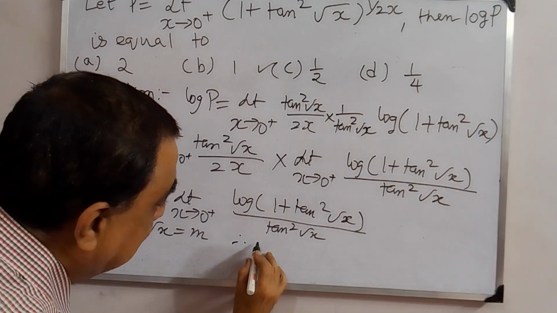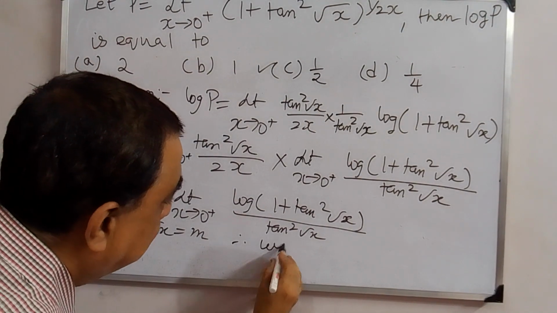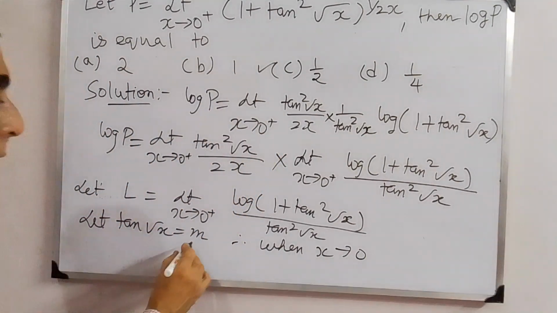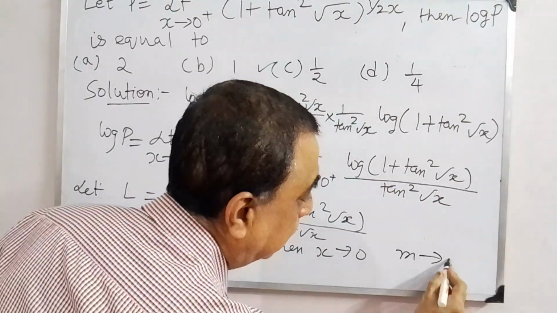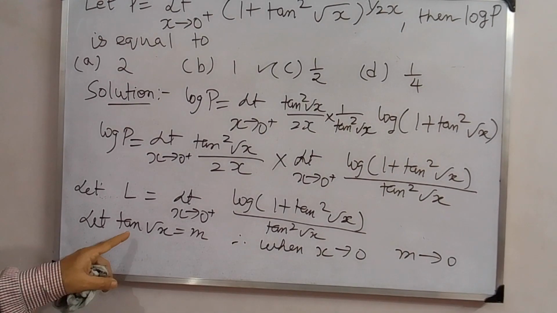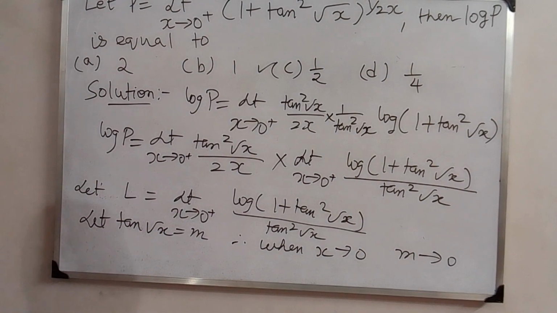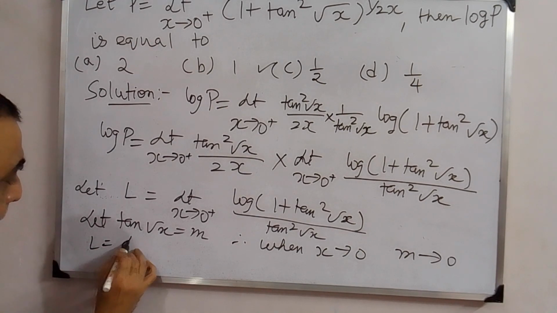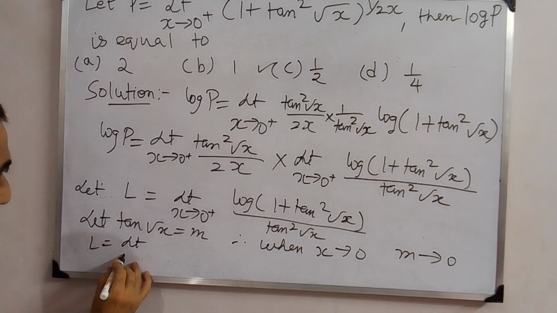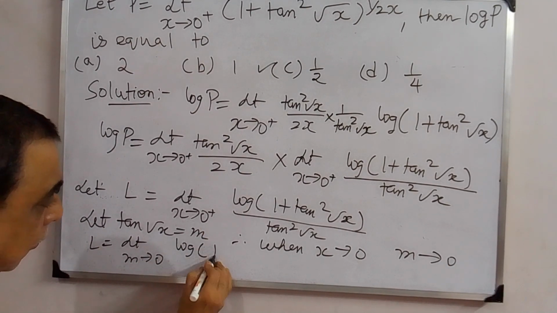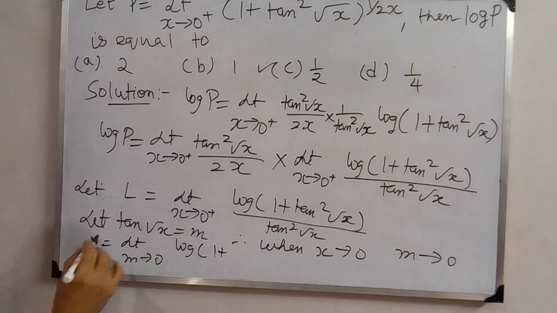So when x tends to 0, m will tend to 0. So L becomes, after changing the limit, the limit as m tends to 0 of log (1 plus m) divided by m, where I take 10 squared root x as m.